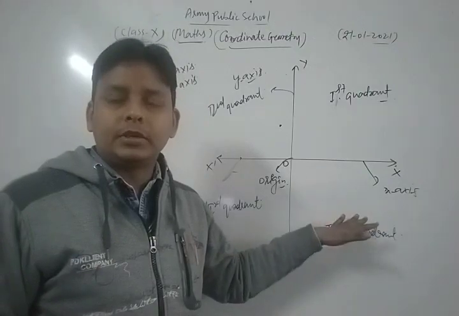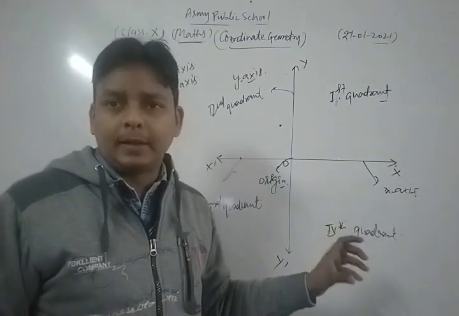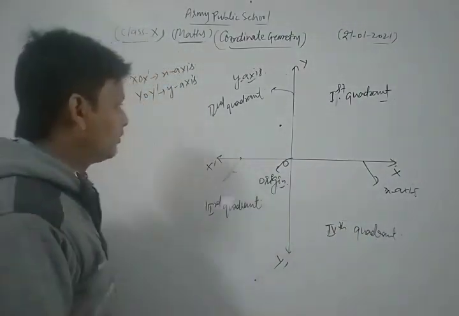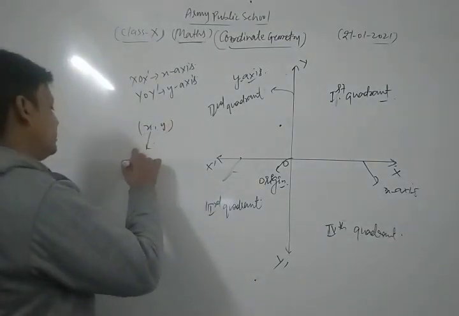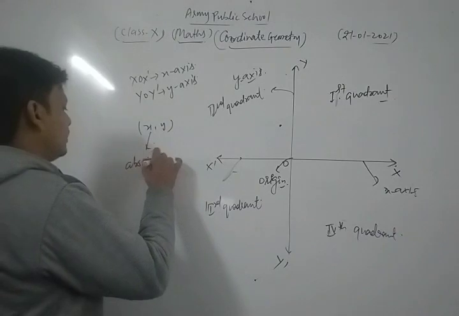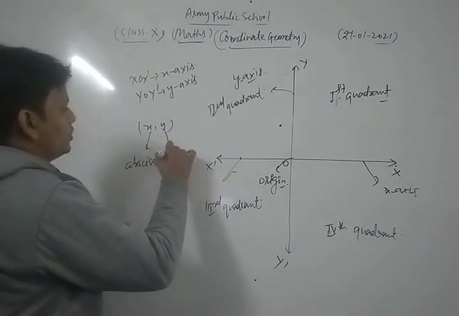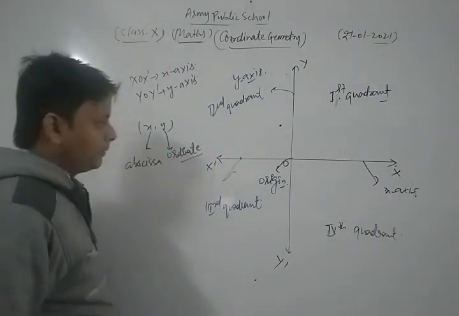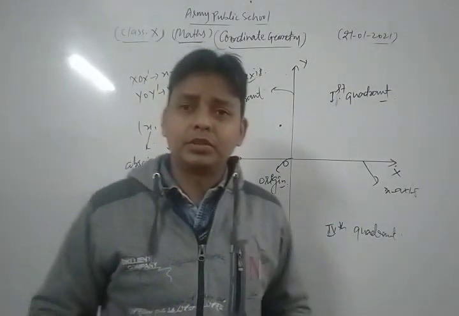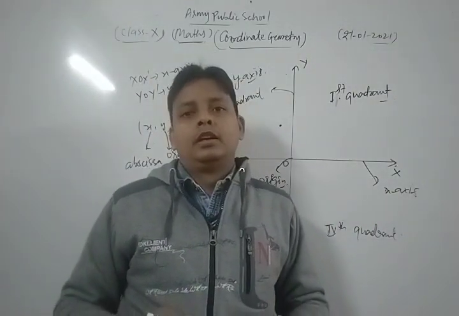In coordinate geometry, any point is represented in the form of an ordered pair x and y. Here, x is known as the abscissa and y is known as the ordinate.